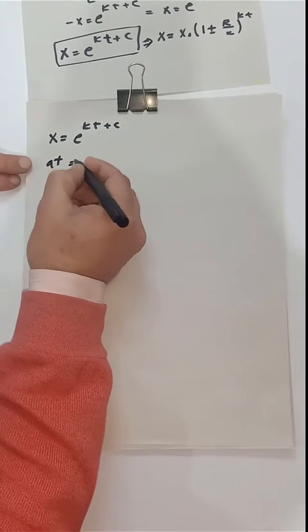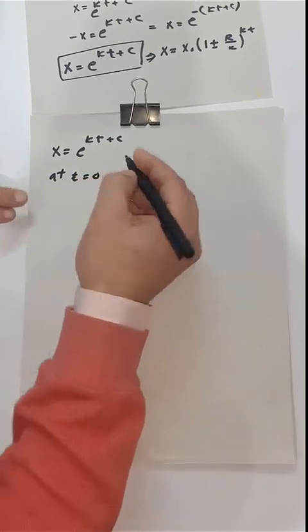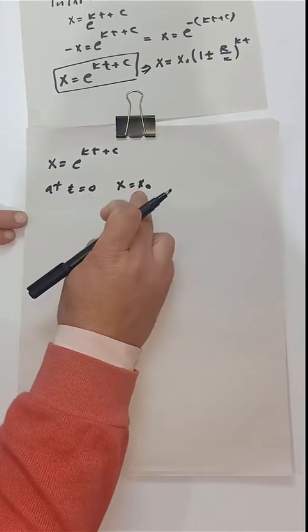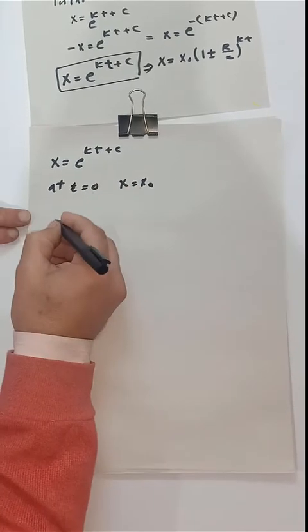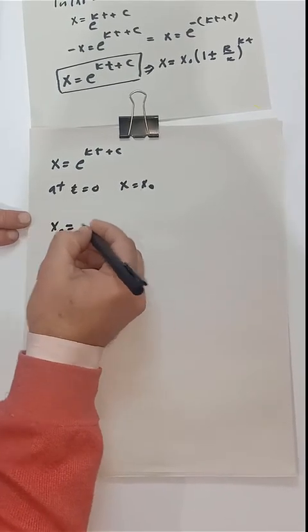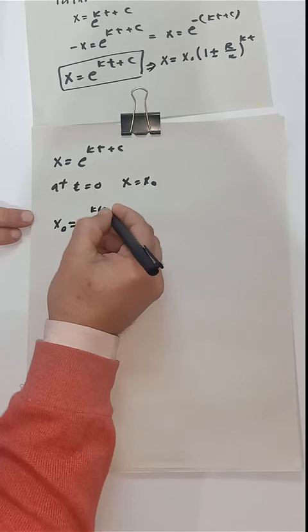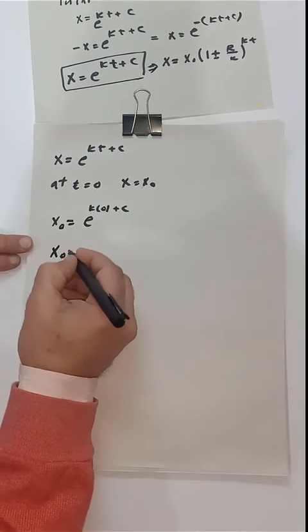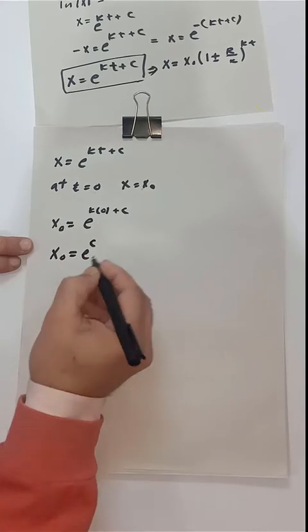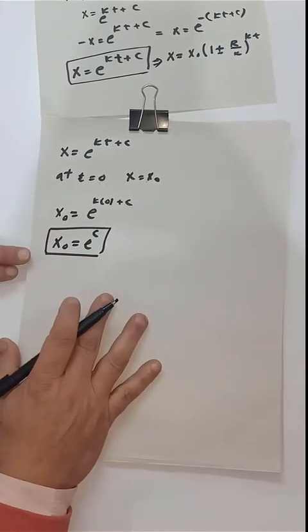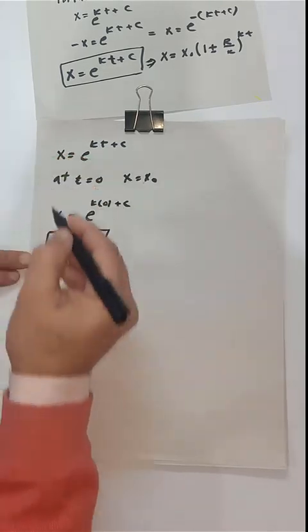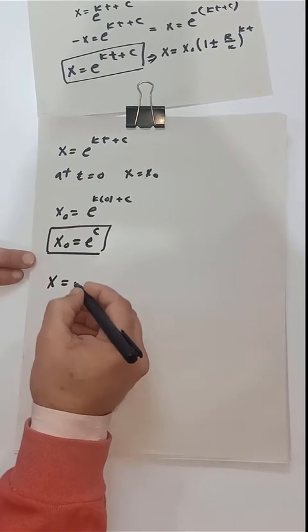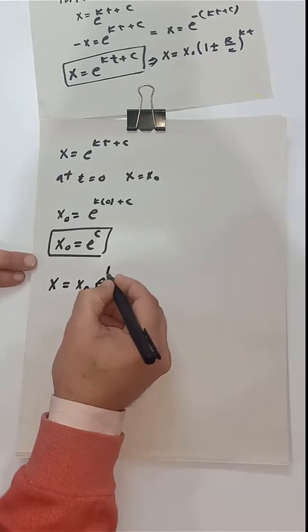At t equals 0, x equals x dot, which means the initial value of x. x dot equals e to the power k times 0 plus c. This means x dot equals e to the power c. So this formula becomes x equals x dot e to the power kt.